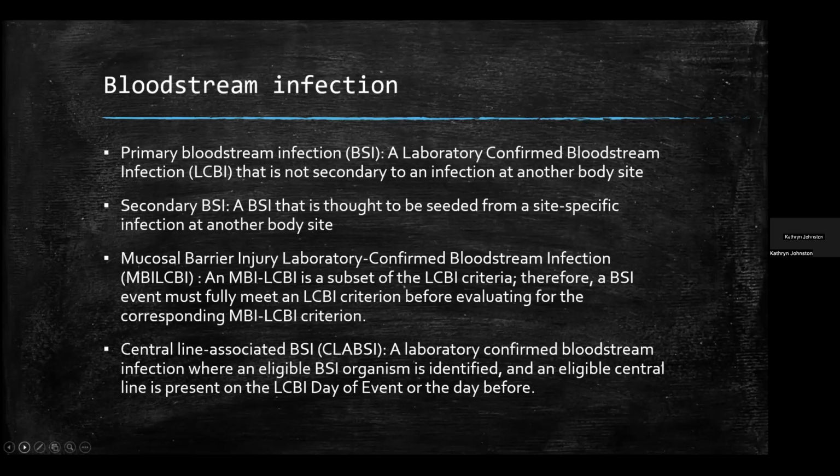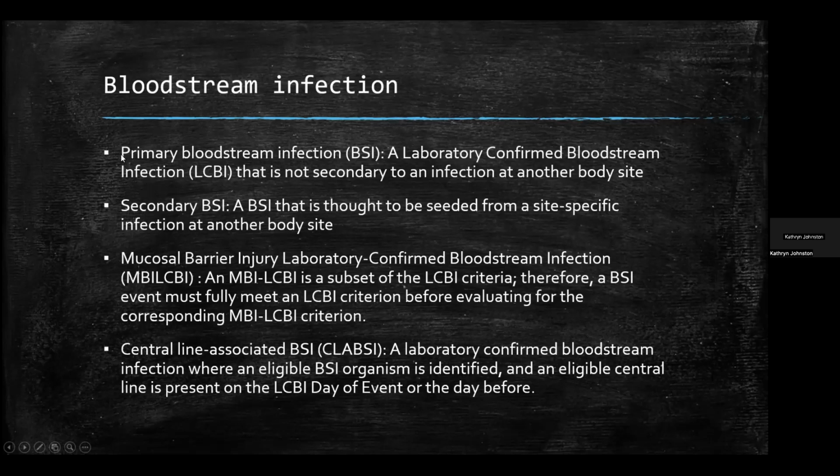Or the patient has to be neutropenic, which is defined as at least 2 separate days with absolute neutrophil counts and/or WBC values less than 500 cells per cubic millimeter. So this mucosal barrier injury laboratory confirmed bloodstream infection is a very specific and very unusual type of thing, and it's not usually seen in just general hospitals.